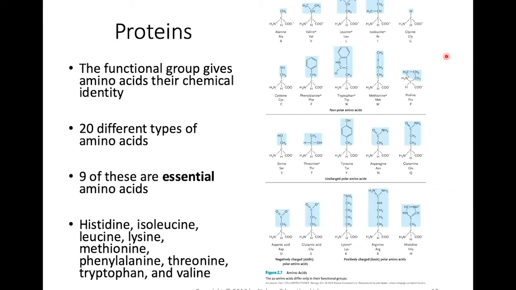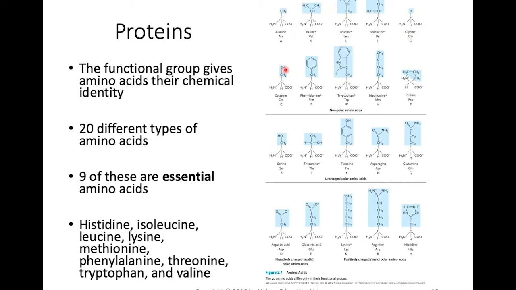9 of them are essential. Okay? And what differentiates one from the other, you can see here, is all the base structures remain the same, right? We have that alpha carbon, we have the amino group, and then we have the carboxyl group. It's the variable side chain, that functional group that's highlighted in blue. Okay, that's what's differentiating one amino acid from the other.